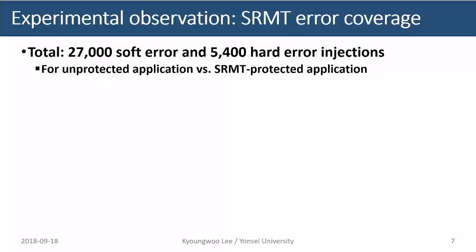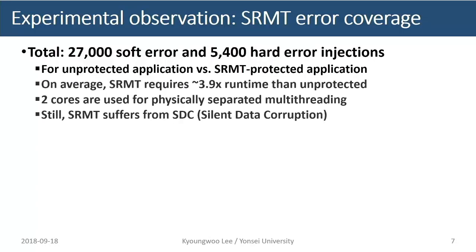In total, we have several thousand hard errors and soft errors. On average, SRMT has a high runtime overhead, and we are using 2 cores for physically separated multithreading. But we can still observe several silent data corruptions.